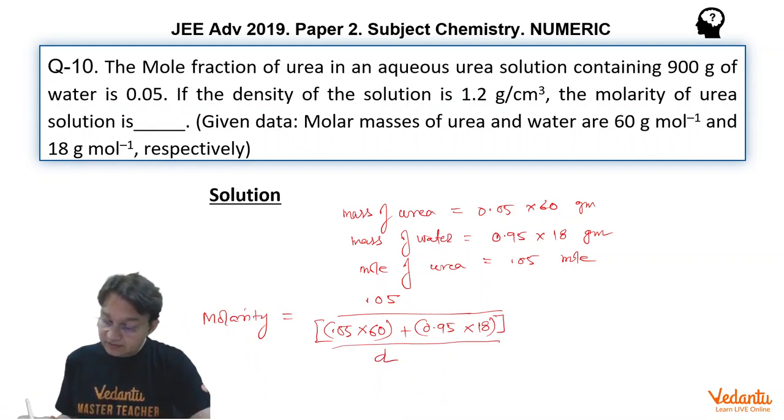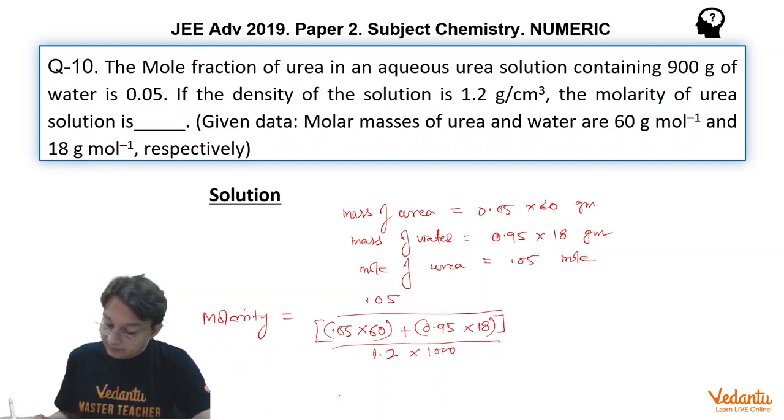But the density here is equal to 1.2 grams per cc. So if we substitute this value of density, 1.2, this quantity in the denominator is now the volume, but this volume is in ml. So we have to divide it by 1000 to convert it into liters.